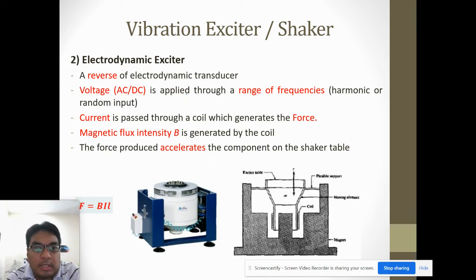So an AC voltage is applied over a range of frequencies. For example, you have this one, maybe we have some connected wires, plus and minus. So you have a sine wave, for example, and you want to excite at a voltage with a certain amplitude, for example 5 volts. Later on it can move in this motion.